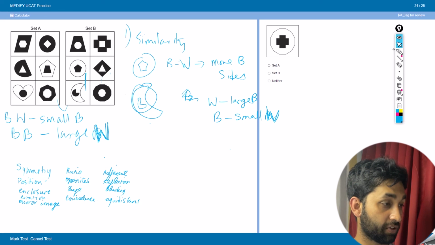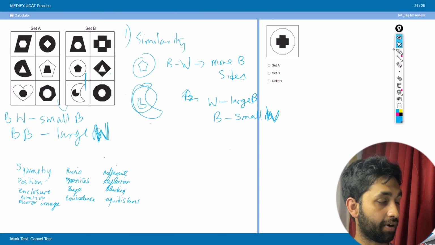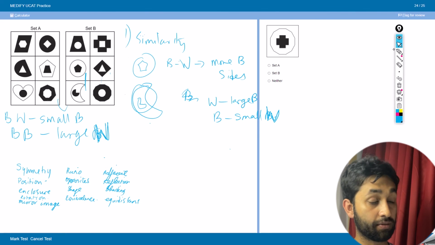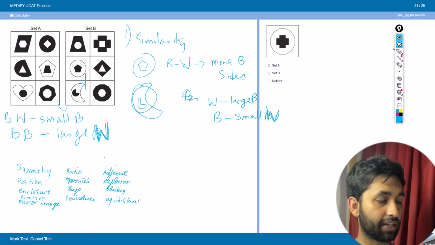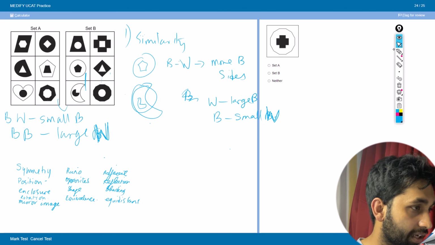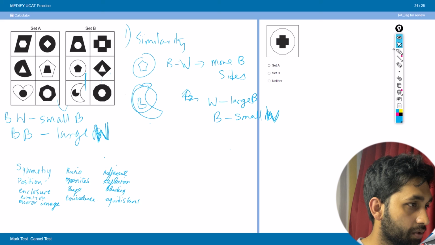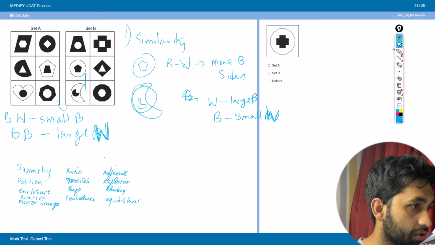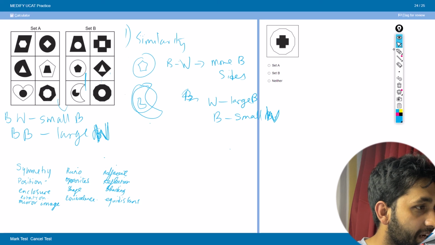Sometimes if what you've written down doesn't make sense, like right now, just go back to the set A, go back to the sets. As long as you understand what you're actually thinking of, it becomes a lot easier. Oh gosh, I hate counting these sets. 1, 2, 3, 4, 5, 6, 7, 8, 9, 10, 11, 12. 1, 2, 3, 4. 1, 2, 3, 4, 5, 6, 7, 8, 9, 10, 11, 12.